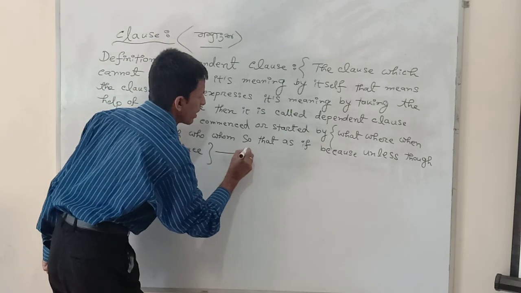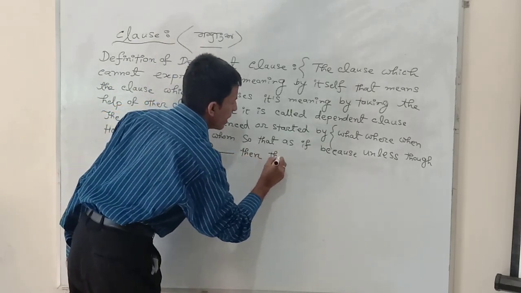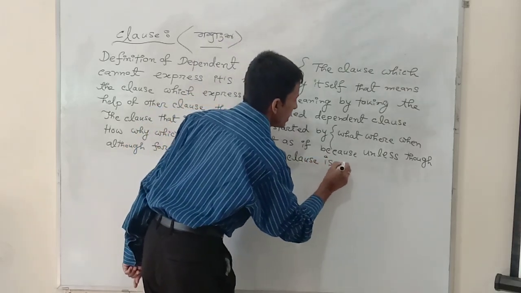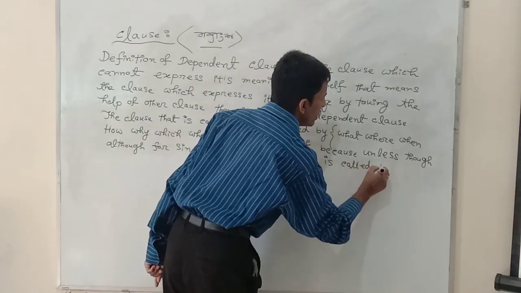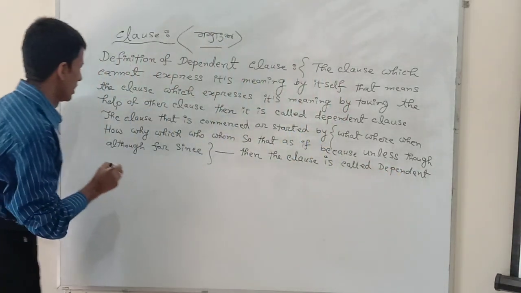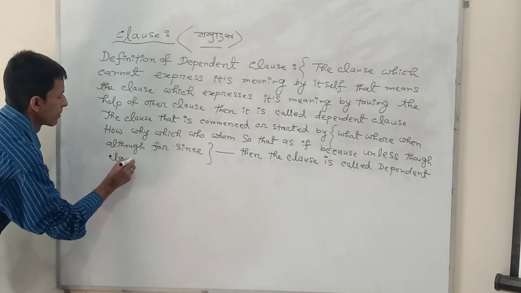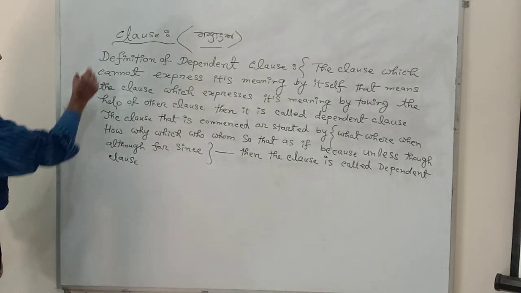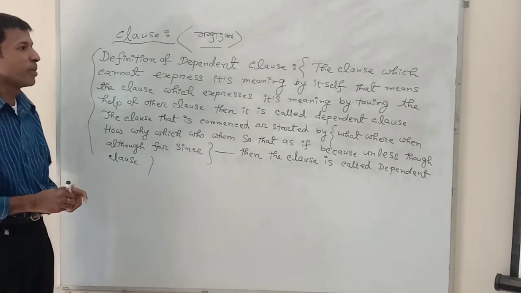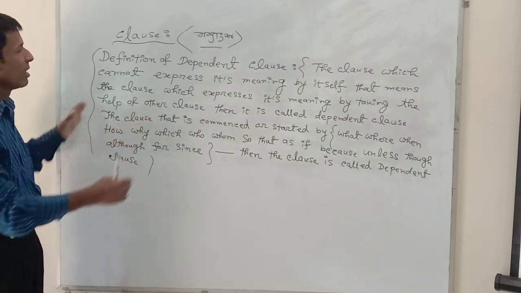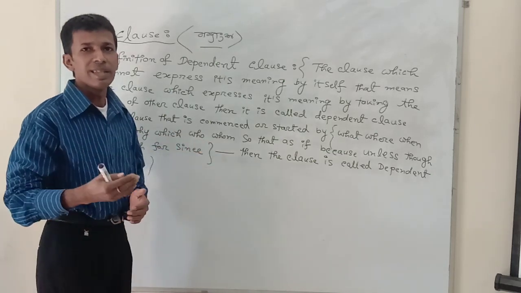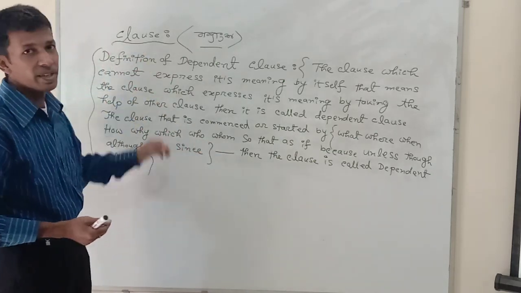Now look at the beginning of the definition. The clause that is commenced or started by what, where, when, how, why, which, who, whom, so, that, as, if, because, unless, though, although, for, since, then the clause is called dependent clause. As a teacher, it is my expectation from all my students that you will memorize all the definition and all the identifying words, so that you can very easily understand the definition of dependent clause.